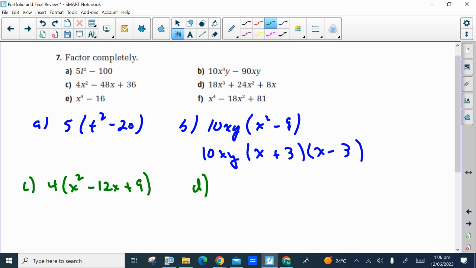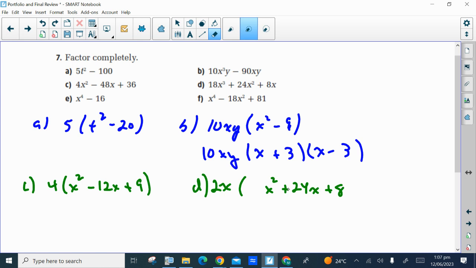Question D. In this case, there is a common factor there of x. And if you take it out, you'll get 18x squared plus 24x plus 8. I'm sorry, not just x, but 2x. Apologize for that. There's a common factor of 2x there, which will give us 9x squared plus 12x plus 4.